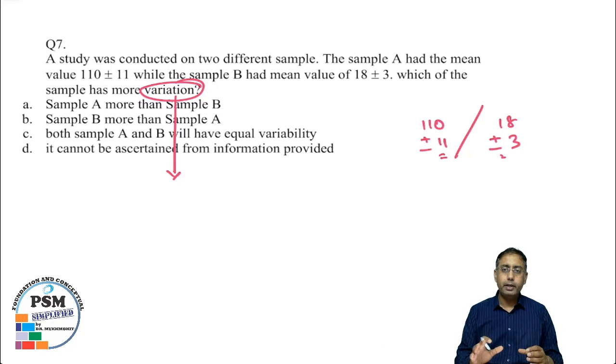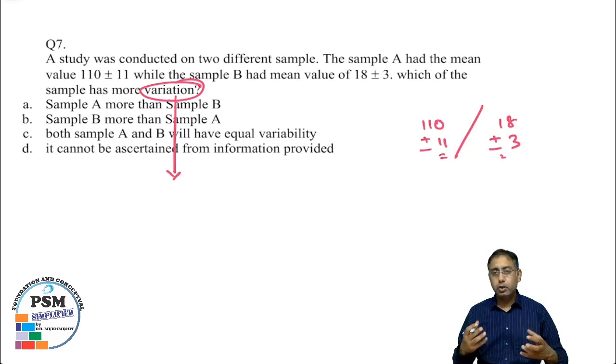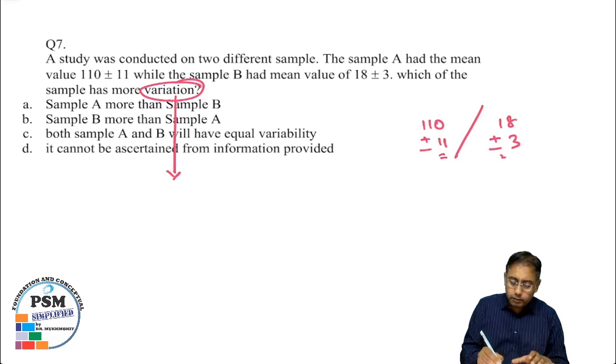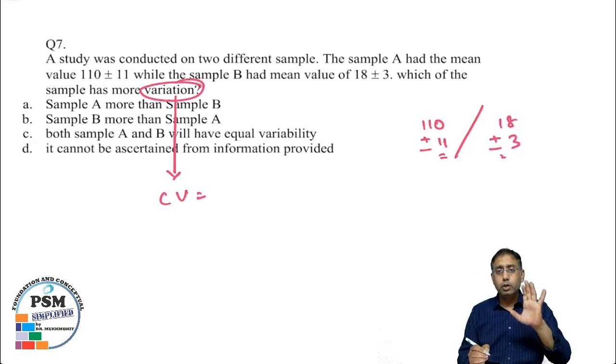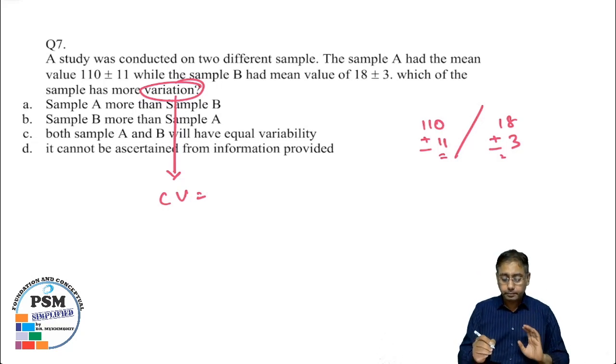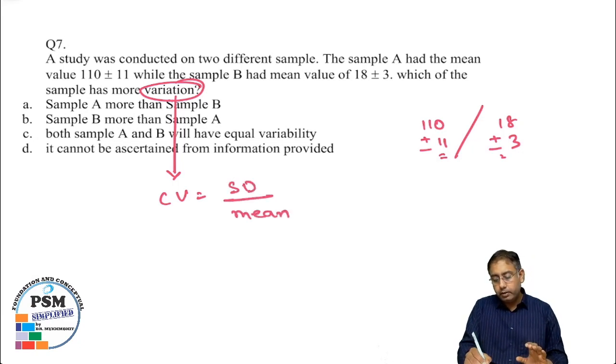Over here, we are not comparing the data. We want to find out which has more variation, called the coefficient of variation. If you remember the formula, I told you in the class and helped you in the formula sheets also. Coefficient of variation is given by standard deviation over mean into 100.